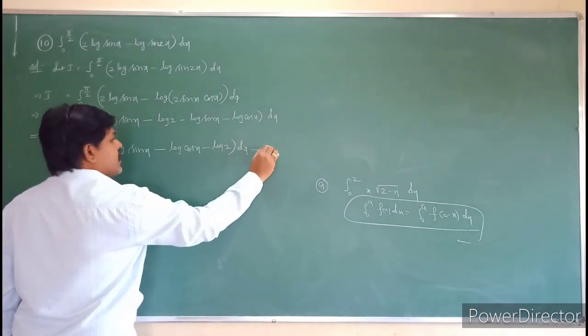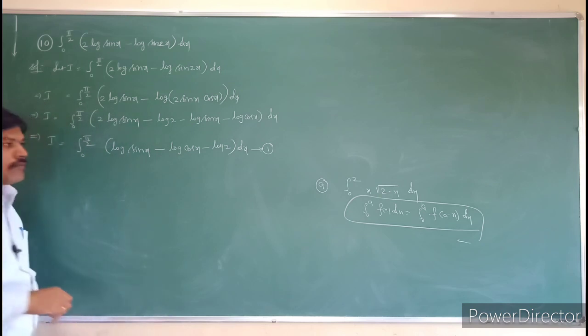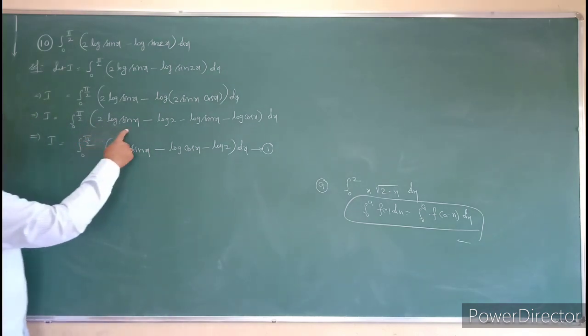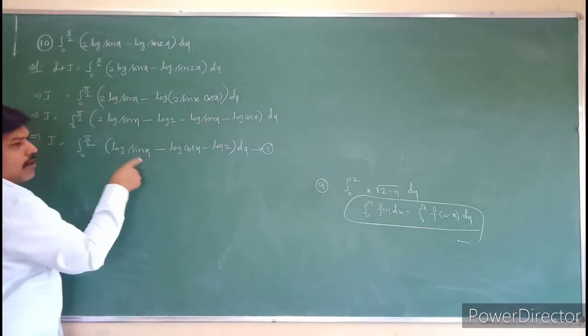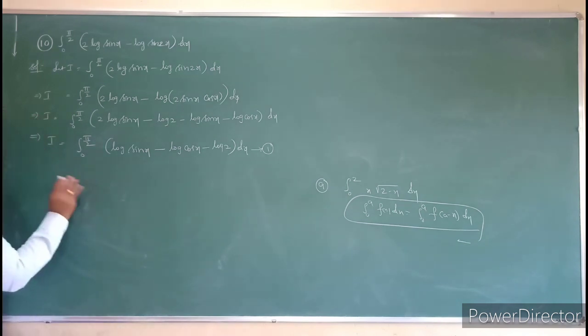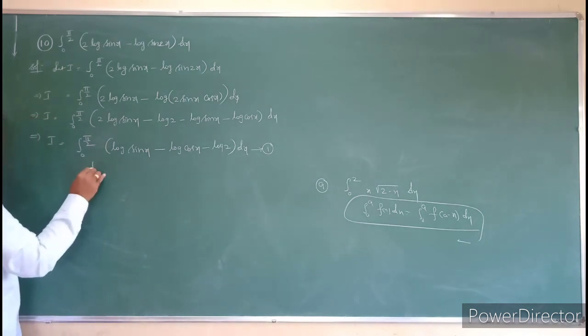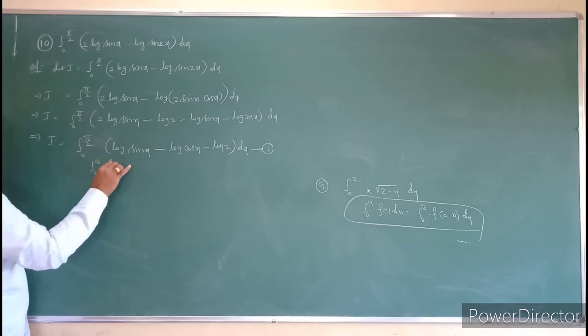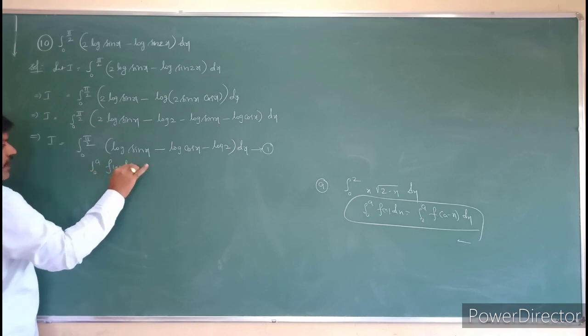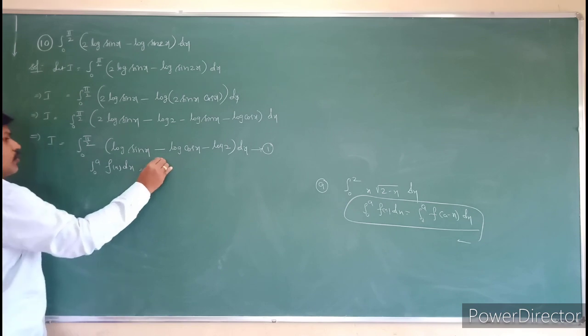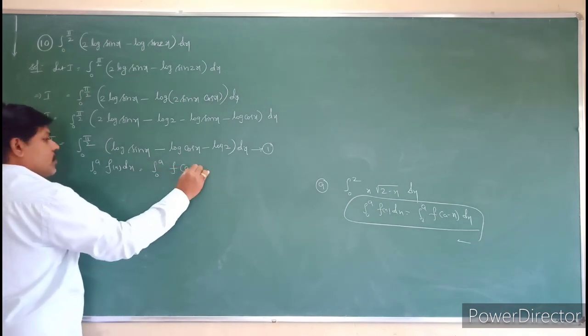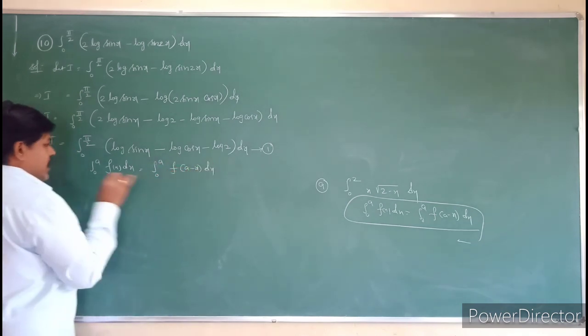So take this as equation number 1. And I am going to use once again the important formula: integral 0 to a of f of x dx is equal to integral 0 to a of f of a minus x dx.